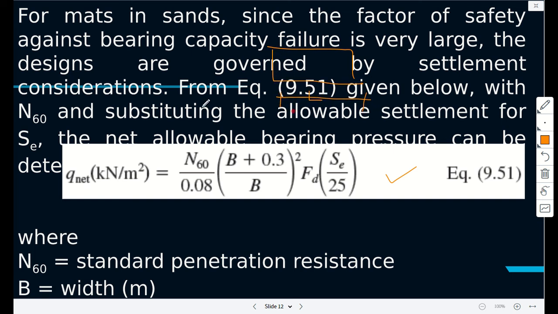So L. For example, you can say your allowable settlement is L over 25. I don't know, 25% of the least dimension maybe. Depends on you.